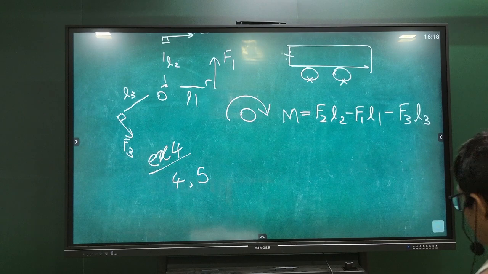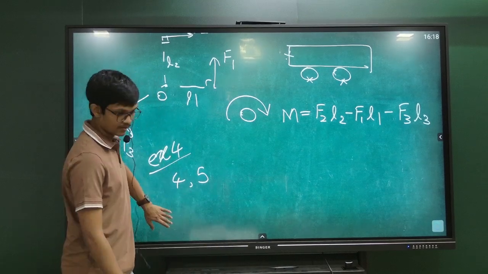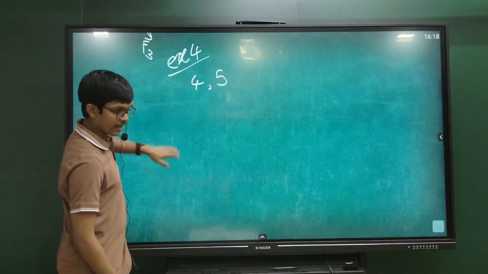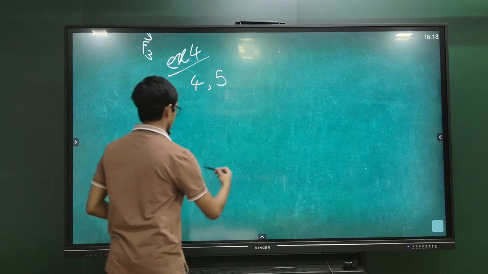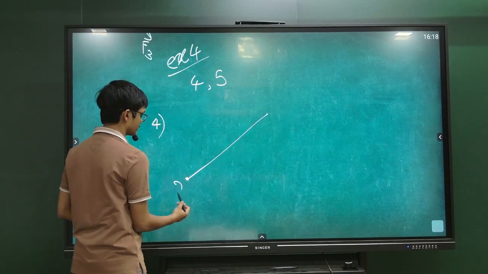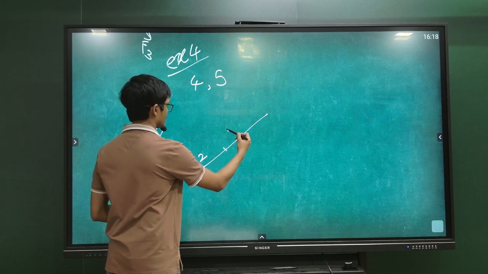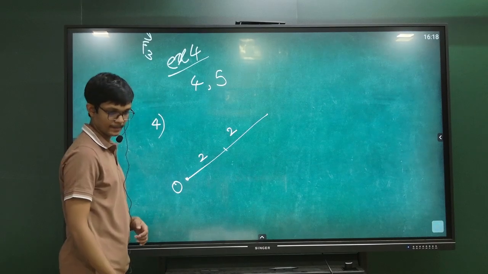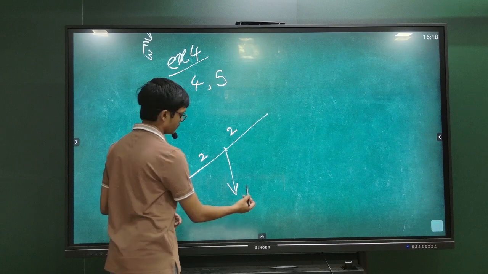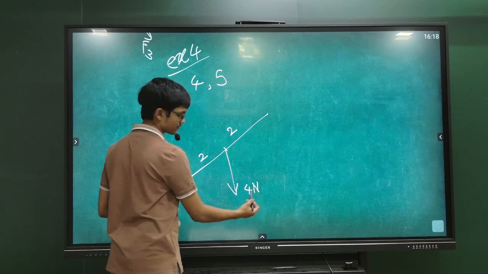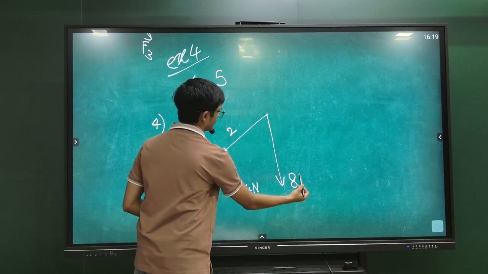So 2 meters are marked like this, okay? Question number 4. I'll draw the system. You have O here. This is 2 and this is 2. Here you have 4 newtons. Here you have 8 newtons.